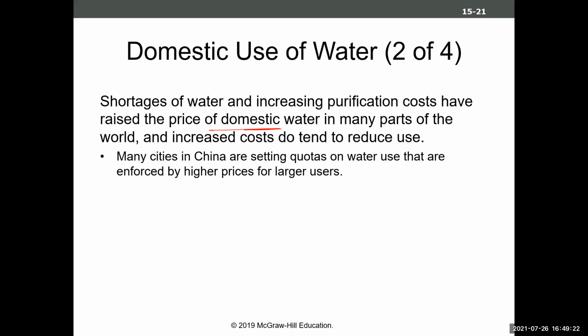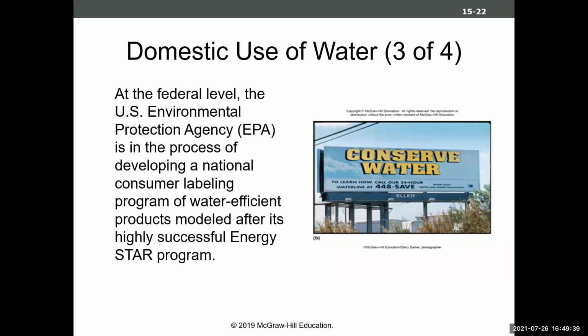The increased costs will lead to reduced use. For example, China is setting quotas on water use that are enforced by higher prices for larger users. So if you use a lot of water, your price for that water is even higher.